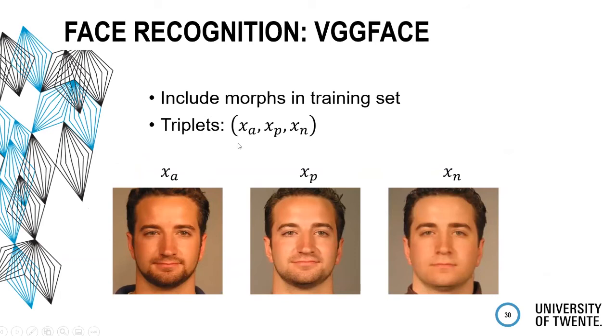So here's an example of the kind of triplet that you could have. You could have a triplet that consists of two photos of the same person. And then the third, the negative example, is a photo of a morph of this person with a different person. So as I mentioned before, the face recognition network is trained to minimize this distance and to maximize this distance.